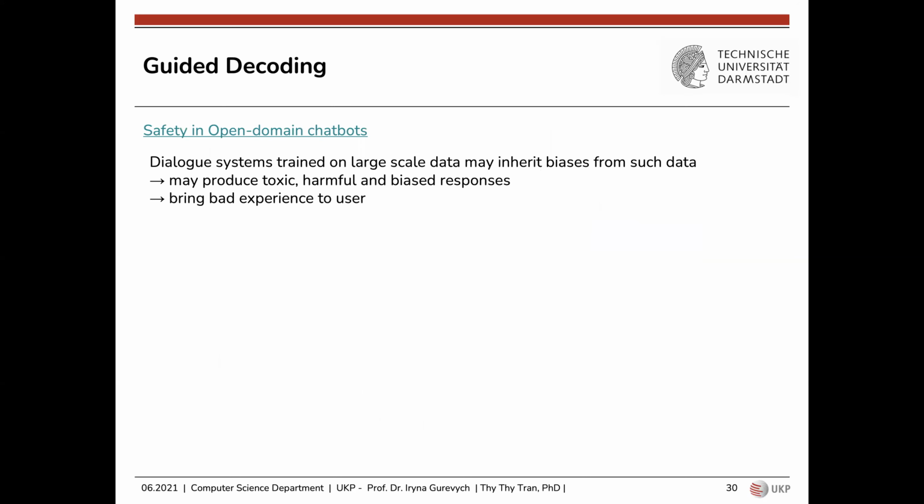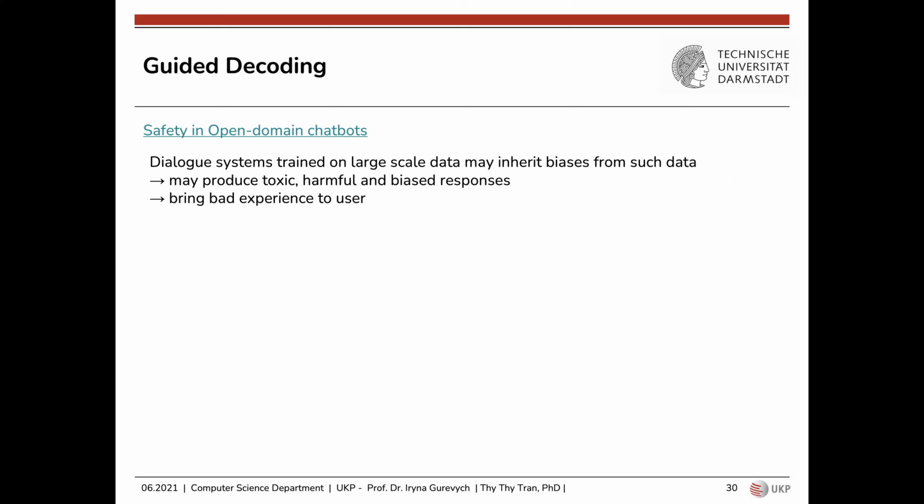Well, that's very abstract. So let's have a look at related work on safety in open-domain chatbots. Dialogue systems are pre-trained on large-scale data. These data are gathered from the online web, on which human users can freely express anything they want without any censorship.